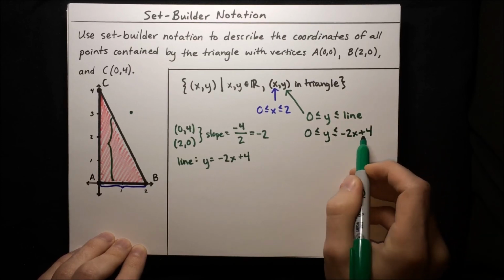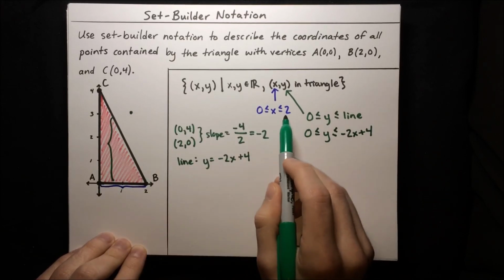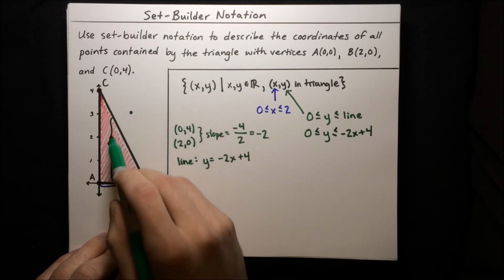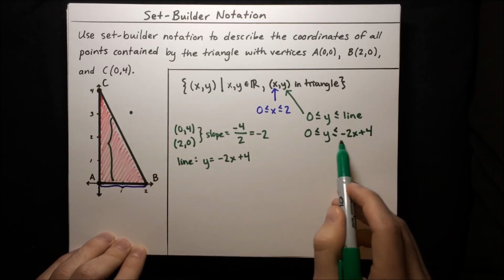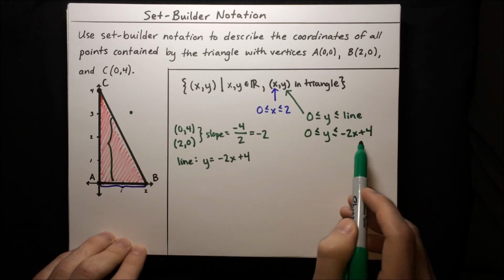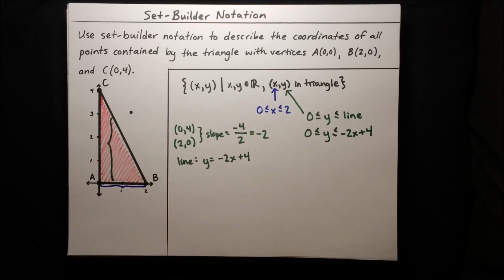And great, so that'll work. We can choose any x between 0 and 2, and then we just have to make sure that y is between 0 and the top of the line, which depends on x. Great. So now we've got all our mathematical notation, and let's just write our set once more, nice and clean.